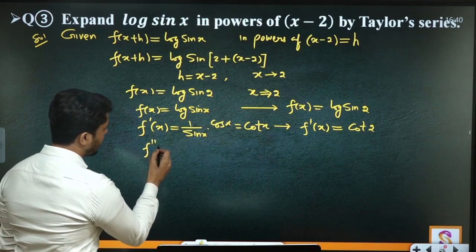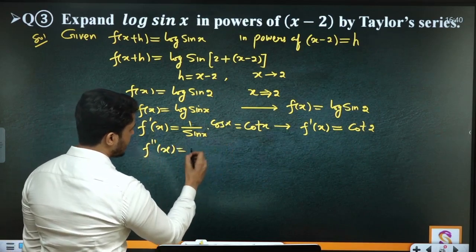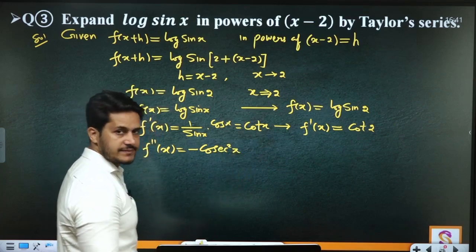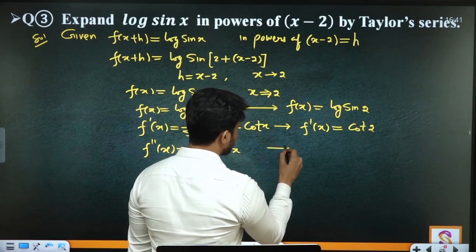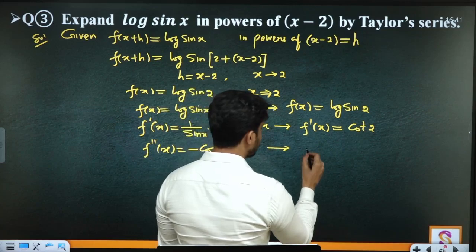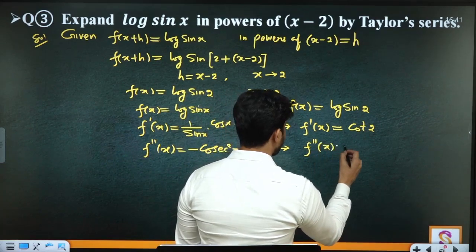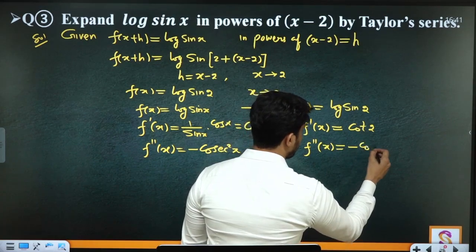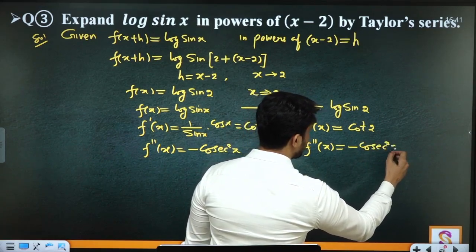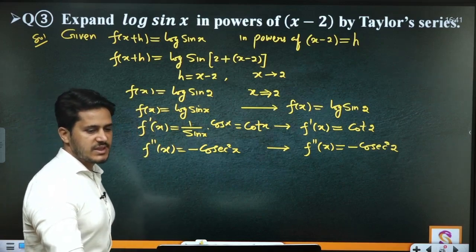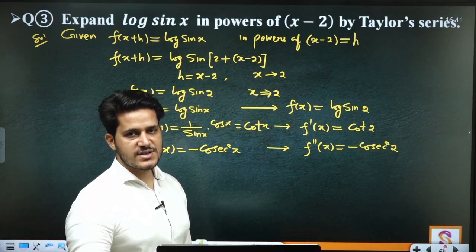The next derivative of this function, f dash x equal to cot x, gives f double dash x equal to minus cosec square x. So minus cosec square x means f double dash x is actually minus cosec square 2. Tell me, is the story understood?